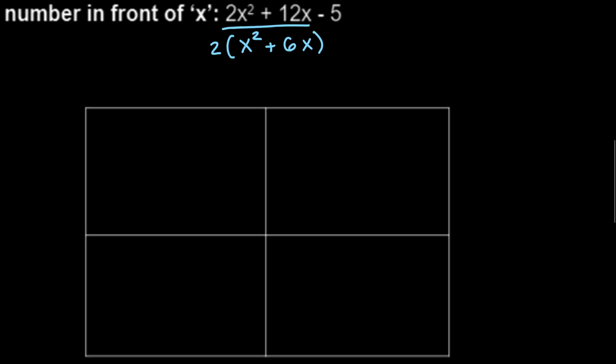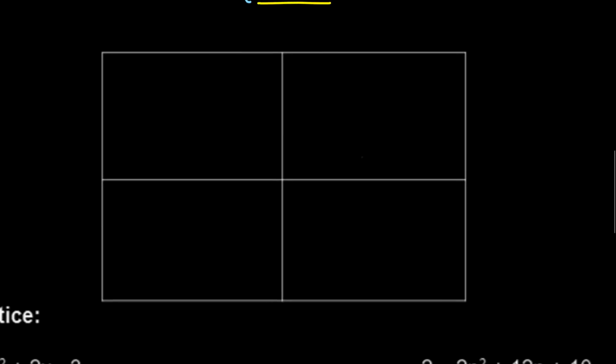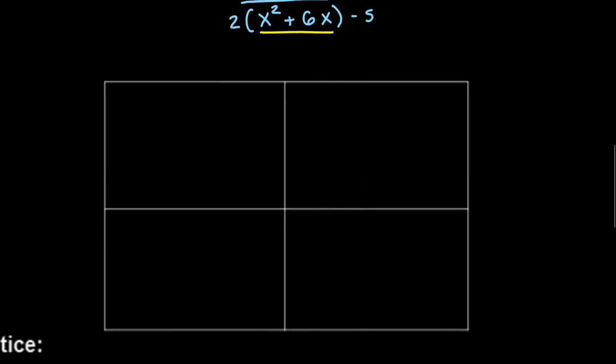Because now I would have 2 distributed to x squared plus 6x. To distribute the 2 back in, it's multiplication. So to pull it out, I would divide. Minus 5.